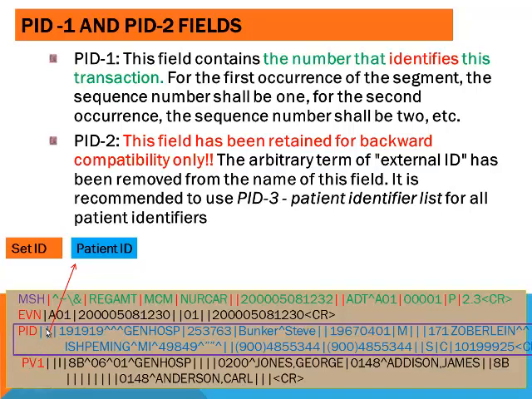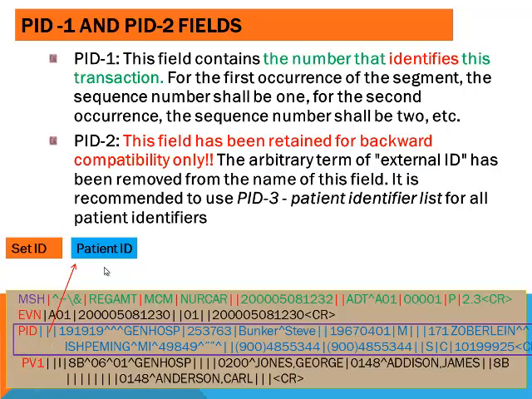For PID1, the first field, if you put a number here, that will identify this transaction. For the first occurrence of the segment, the sequence number should be 1. For the second occurrence, the sequence number should be 2, and so on.